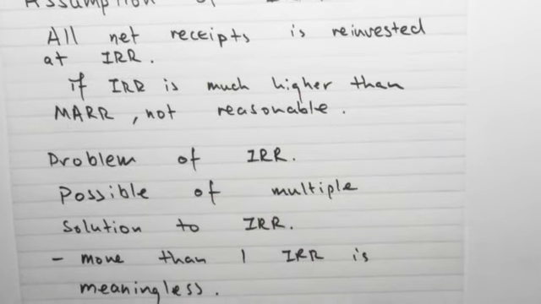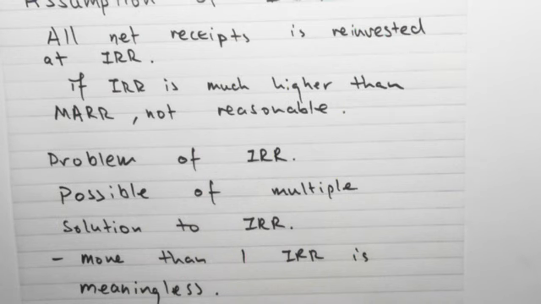Having more than one IRR is meaningless because it doesn't help the situation in any way. This is why we use the external rate of return, because the external rate of return bypasses all these problems that the internal rate of return has.